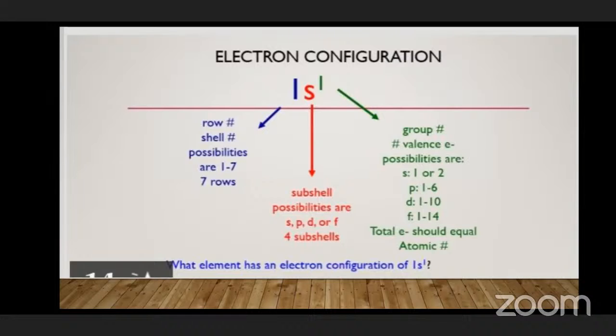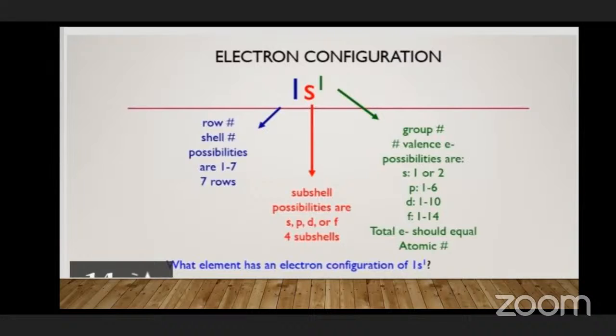And the number of electrons present in it gives the group number. By writing 1s1, we can directly say which period the element belongs to, in which subshell the electron is present, and which group the element belongs to.